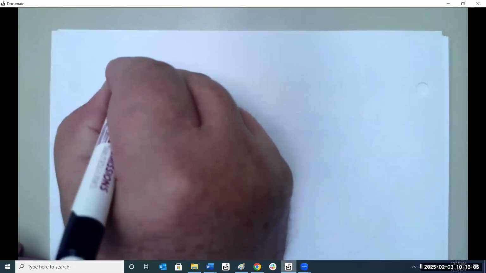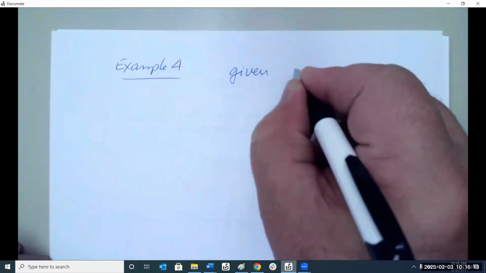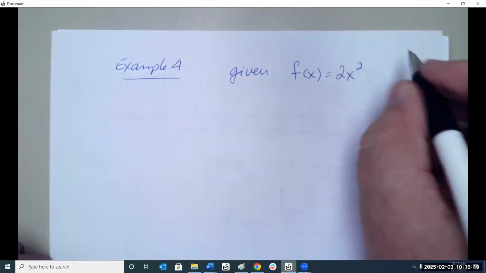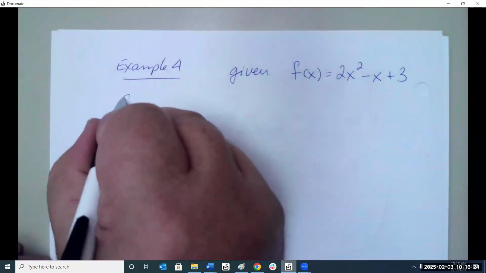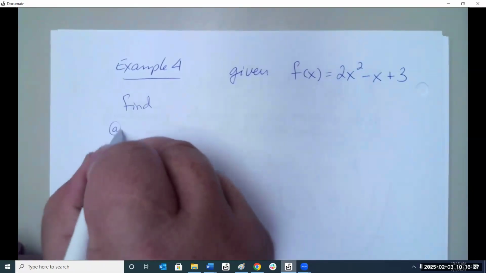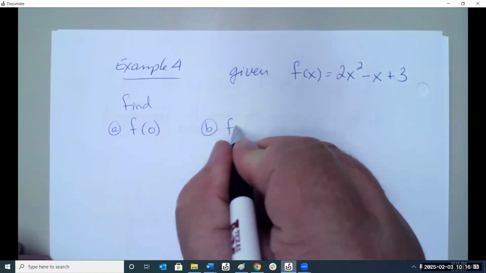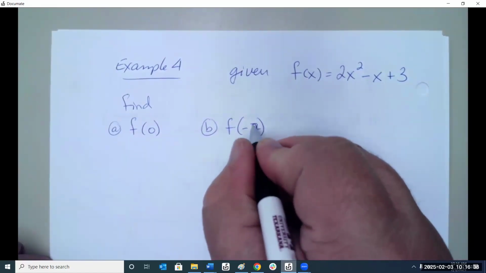So let's look at equations as functions. Here's our function. Given f of x is equal to 2x squared minus x plus 3, find the following. Let's make it -2.